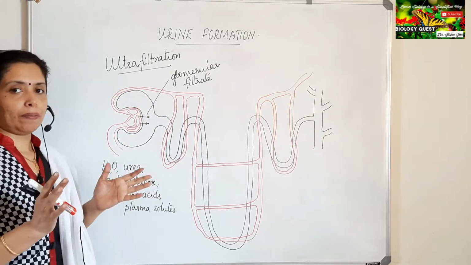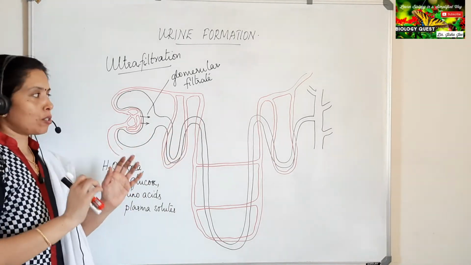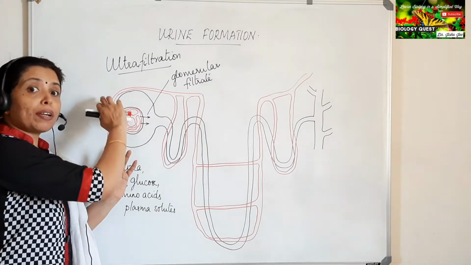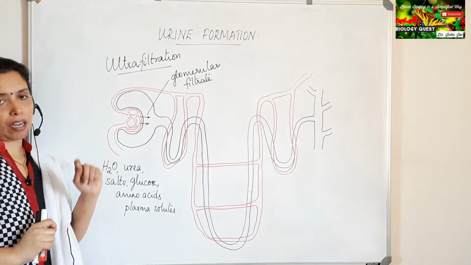naturally thicker because almost all the water has been filtered out, isn't it? So the blood will be thicker as it passes into the efferent arteriole.